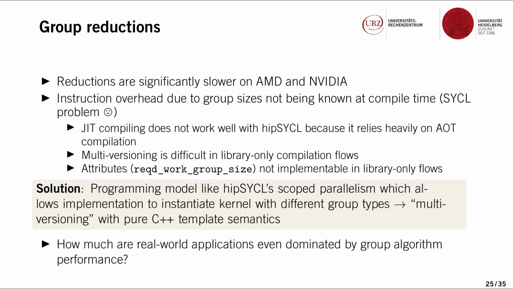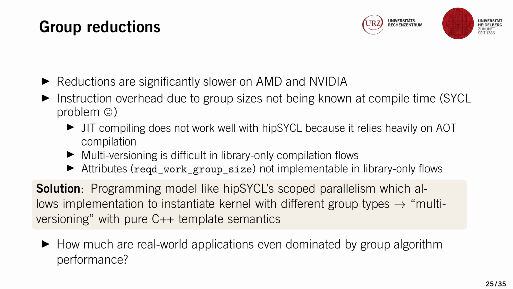That's also difficult to implement in the library-only compilation flows that hipSYCL supports. And lastly, there are also attributes in SYCL, such as required workgroup size, that the programmer can use to specify the workgroup size that will be used. But again, of course, in library-only compilation flows that hipSYCL supports, we cannot add any custom attributes.